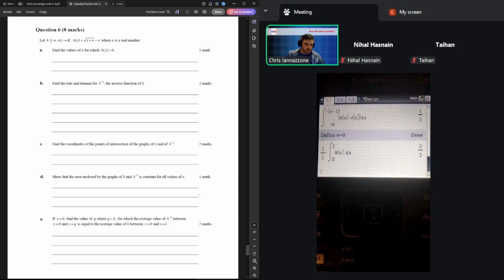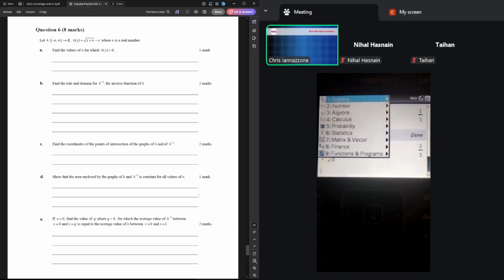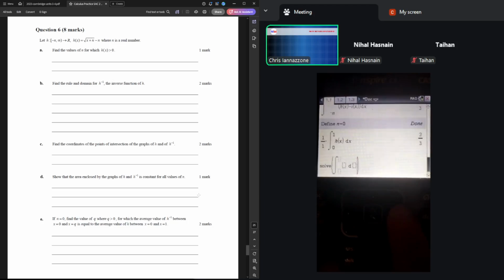We've now found our average value of original. So if we now need the average value of the inverse, it's the same thing. This time it's going to be in a CAS solve though, because we're going to make it equal to the value we just found, which was 2/3.